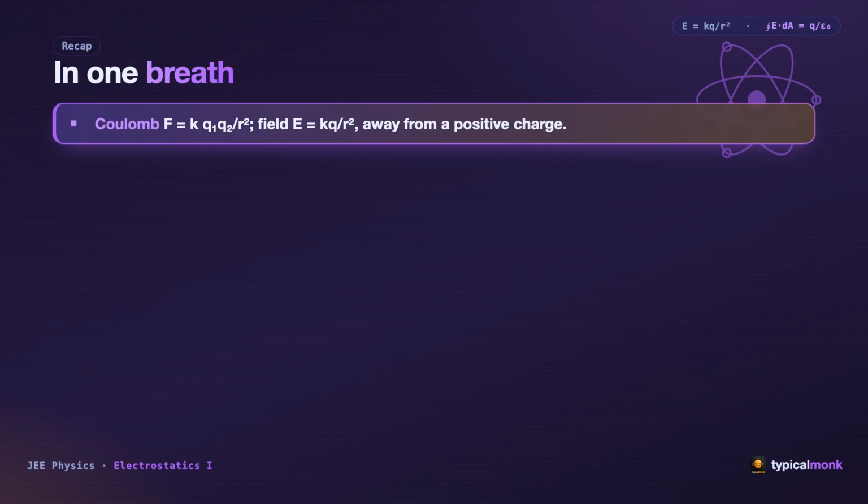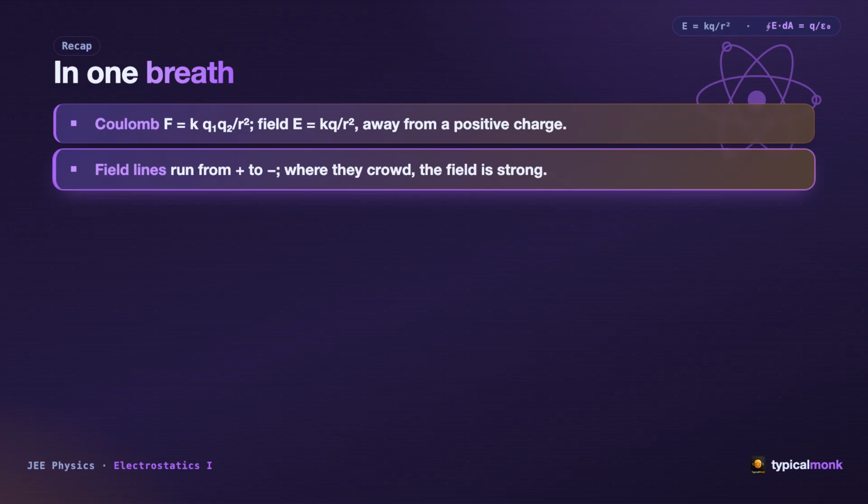Let us gather it all in one breath. Coulomb: F equals kq1q2 over r squared. The field E equals kq over r squared away from a positive charge. Field lines run from positive to negative, and where they crowd together, the field is strong.